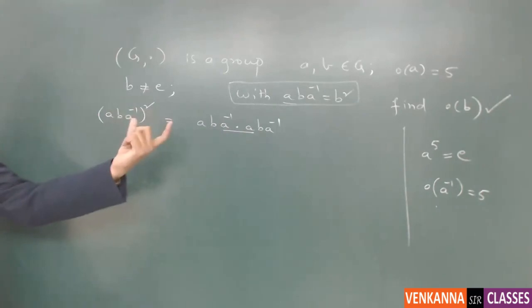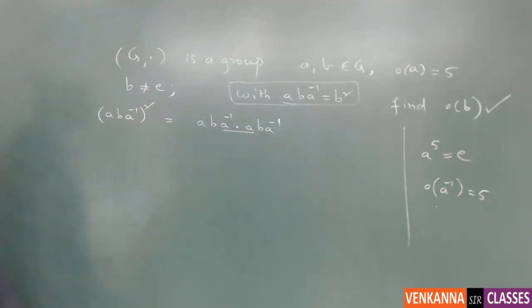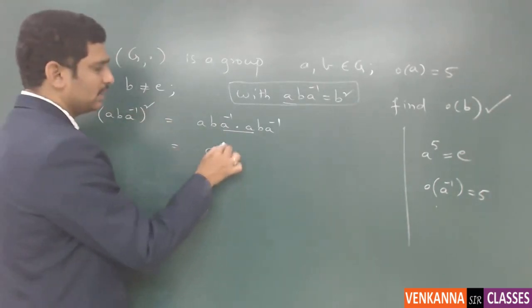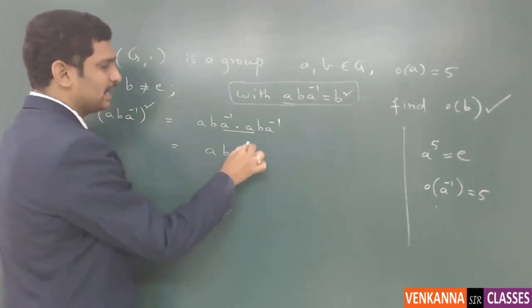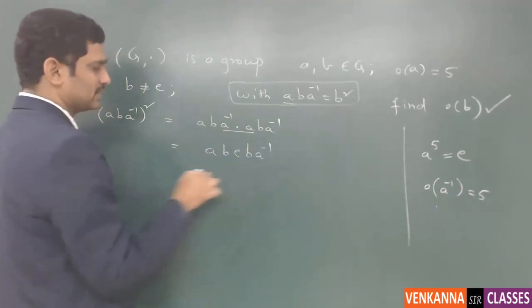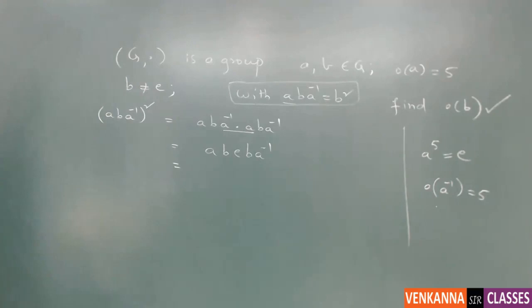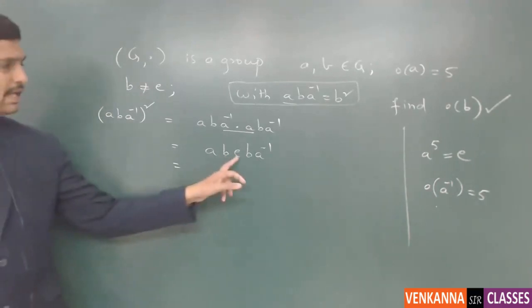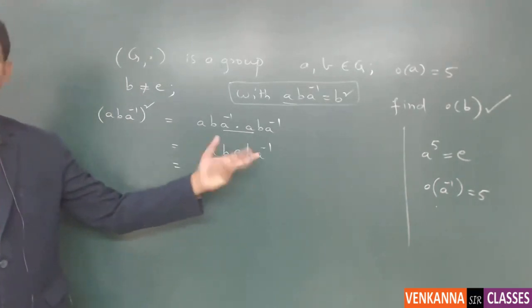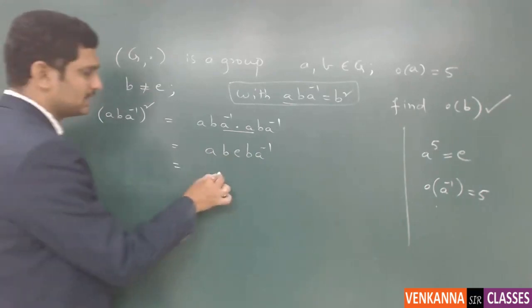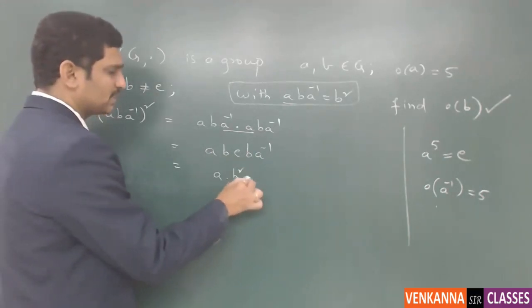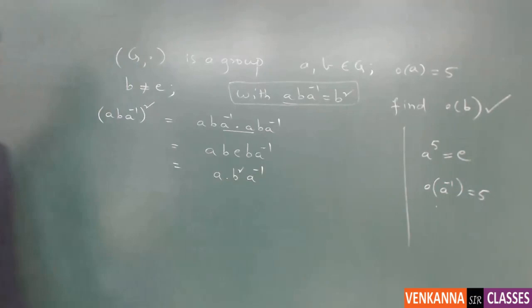A inverse into A is nothing but identity. So this is nothing but A B identity B A inverse. Again, identity into anything is the same value. So it is A B square A inverse.